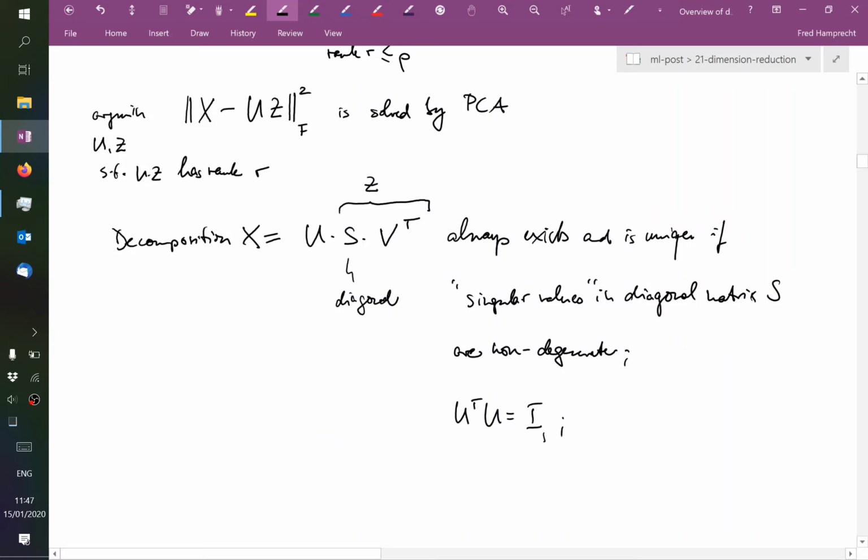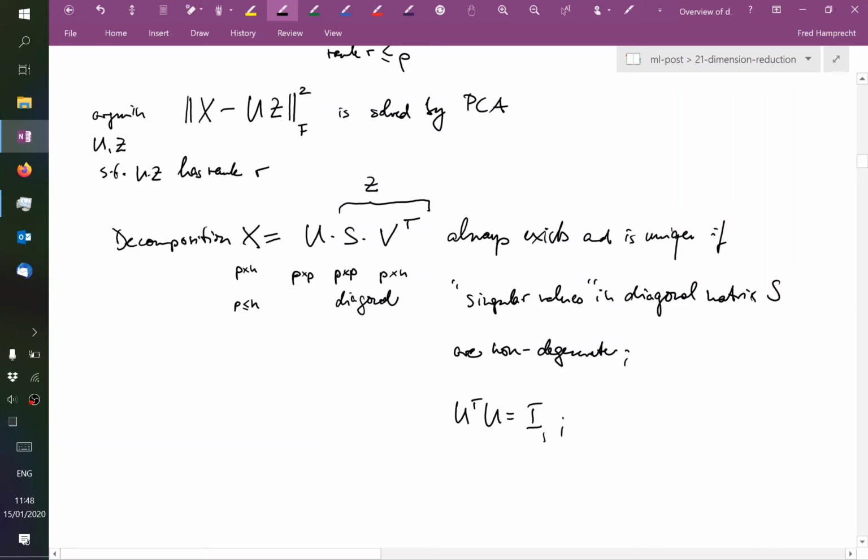I'm going to assume for now that P is no more than N. The singular value decomposition also exists if the opposite is true, but for concreteness, I'm going to fix this here. And then I'm going to look at the so-called reduced singular value decomposition, where U is P times P, and S is P times P, and V transpose is P times N.